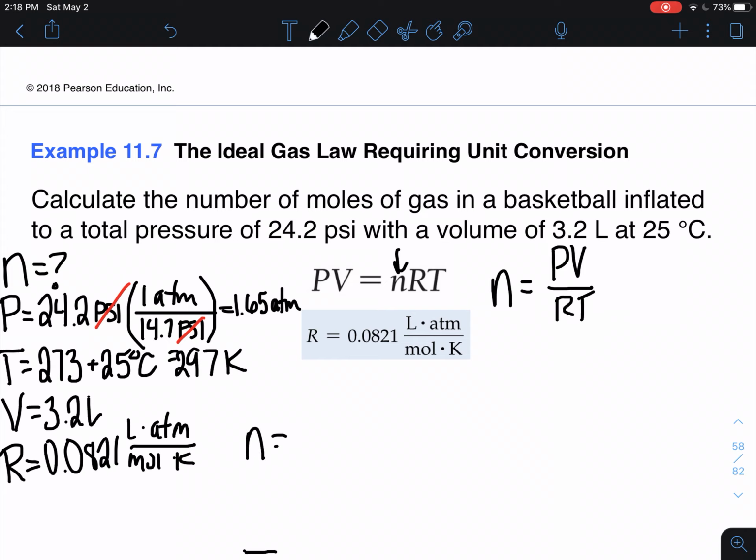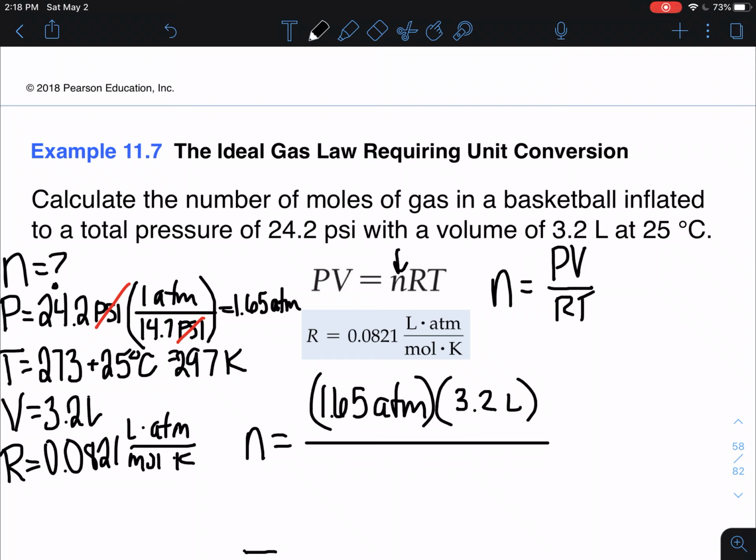So n equals, pressure is going to be 1.65 atm, volume is going to be 3.2 liters, R is going to equal 0.0821 liter atm over mole K, and then we have temperature, which is 297 K.